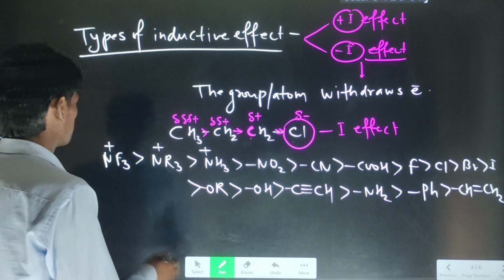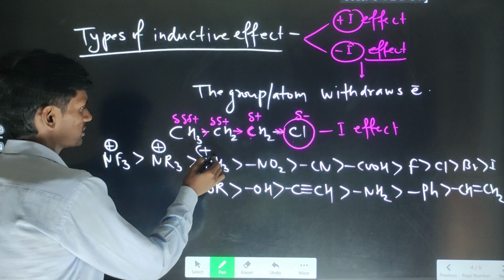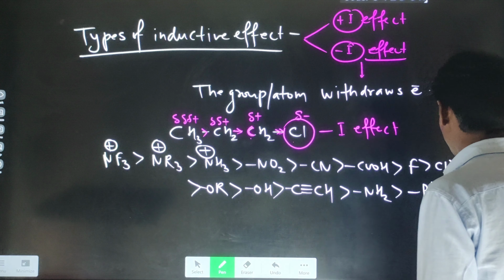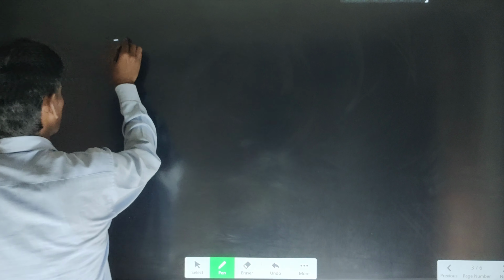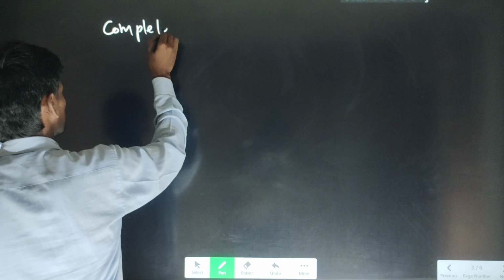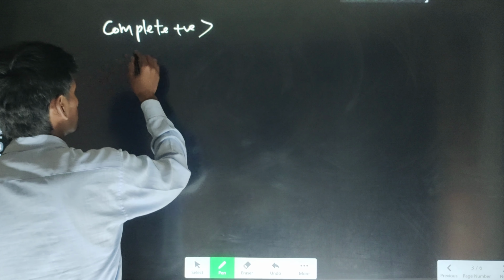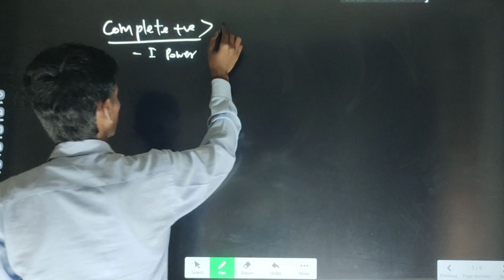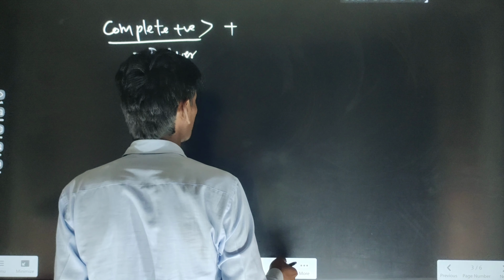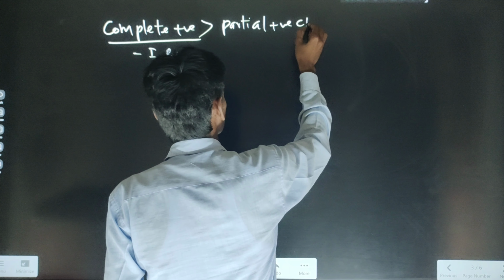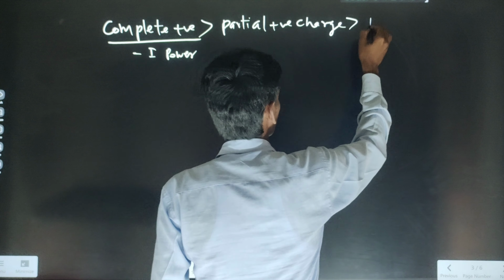We know that the atoms which contain positive charge are more strongly electron withdrawing groups. We can also consider the series like complete positive charge, and complete positive charge has more minus I power, and after that partial positive charge, and after that more electronegative atom.